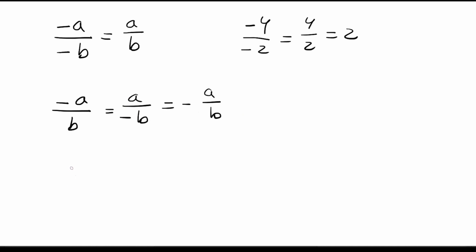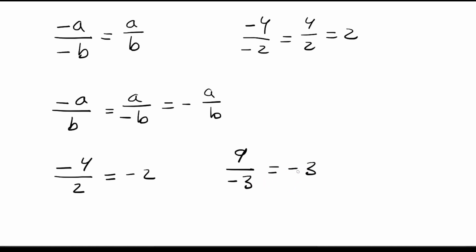So for example, minus 4 divided by 2 is equal to minus 2. Or you have minus 9 divided by 3. Or we take a plus up: if I have 9 divided by minus 3, then this is equal to minus 3.